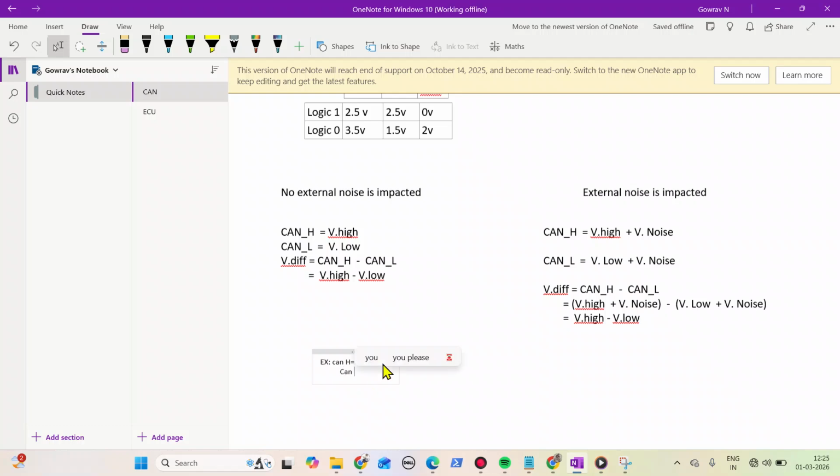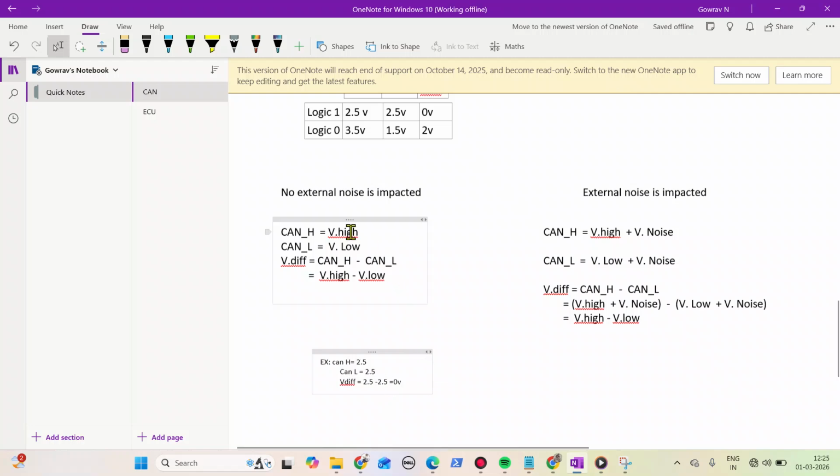And in CAN low also I am putting 2.5 volts. So what will be the difference? 2.5 minus 2.5, so the resultant will be 0 volts.